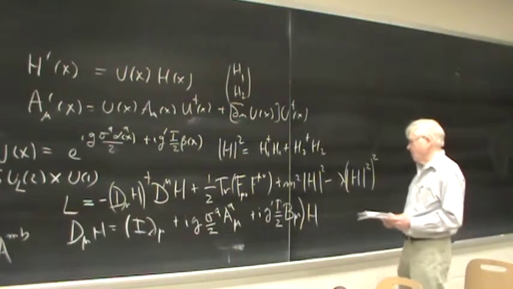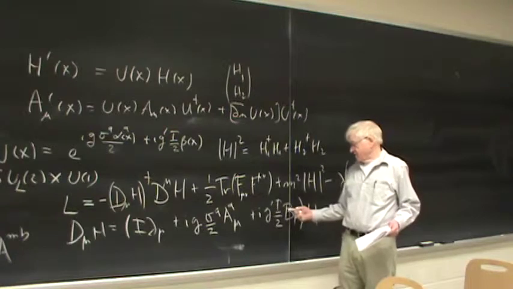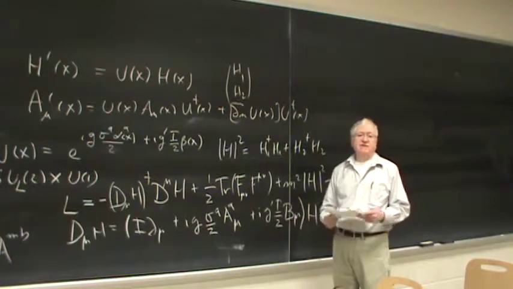I guess the reason we put the 1/2 here is so that the trace of this squared is a half.